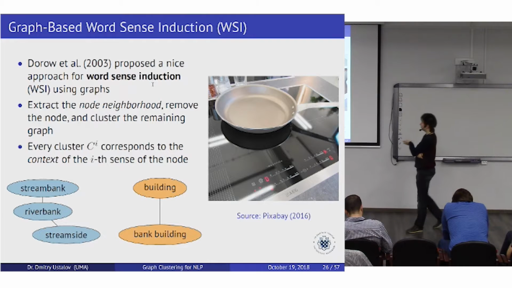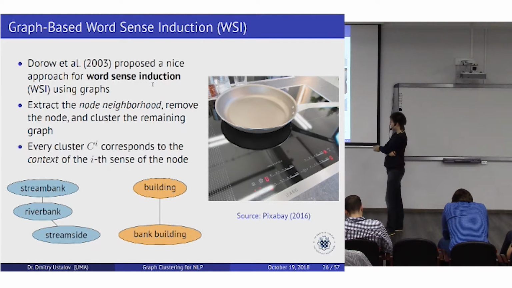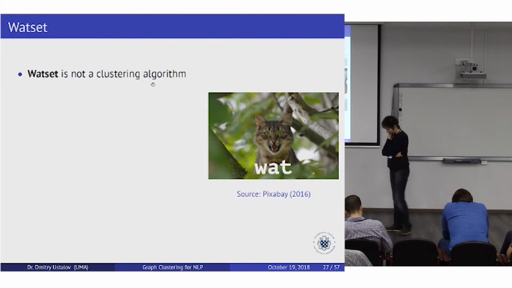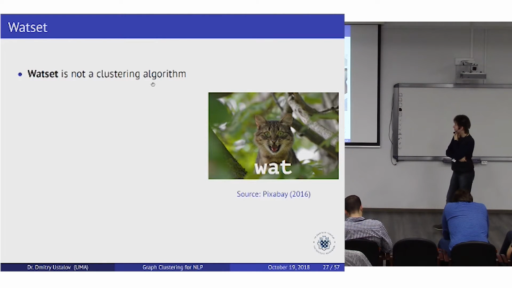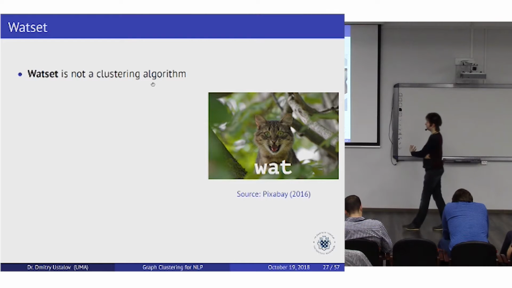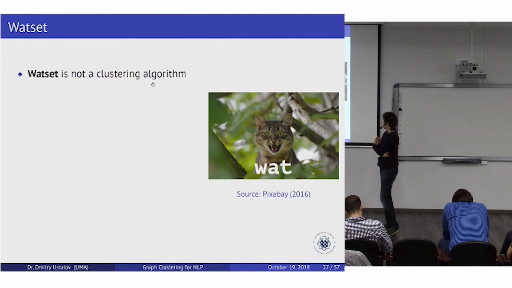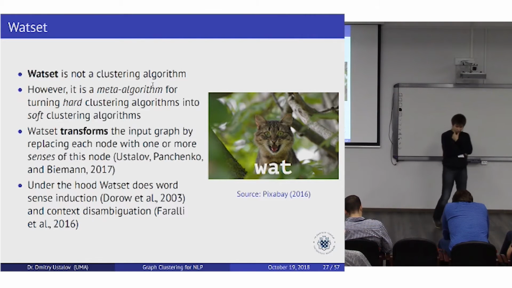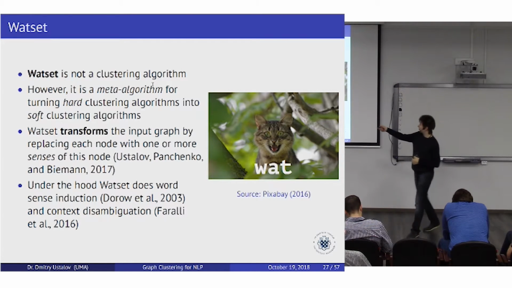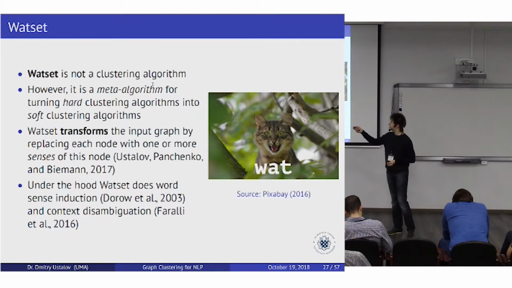I was really impressed by this because this approach is very simple. It seems to be quite efficient. And during my experiments, I came up, now I will talk finally about my algorithm, with another graph clustering algorithm for soft clustering. It's called WATSET. And the funniest thing about WATSET is that it is not a clustering algorithm.